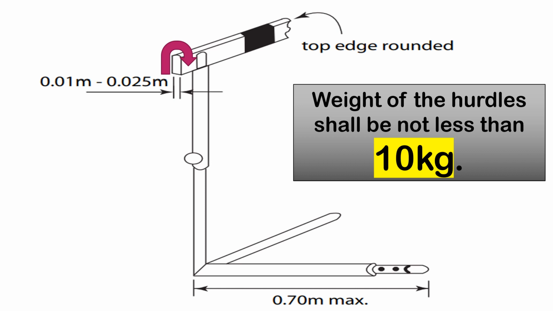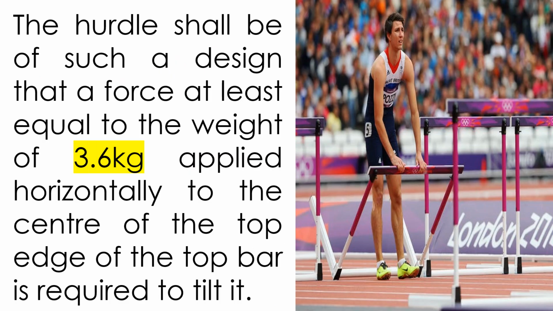So I hope it is clear what the dimensions of the hurdles are. Now let's move forward. These hurdles are designed in such a way that if a horizontal force of 3.6 kg is applied on the upper part of the hurdle, then the hurdle will tilt.